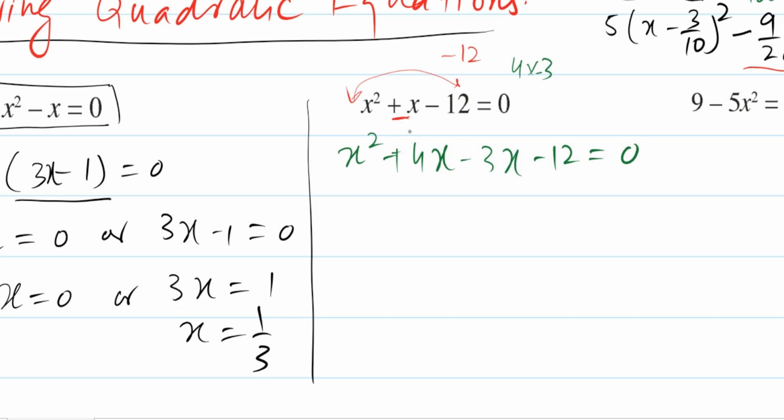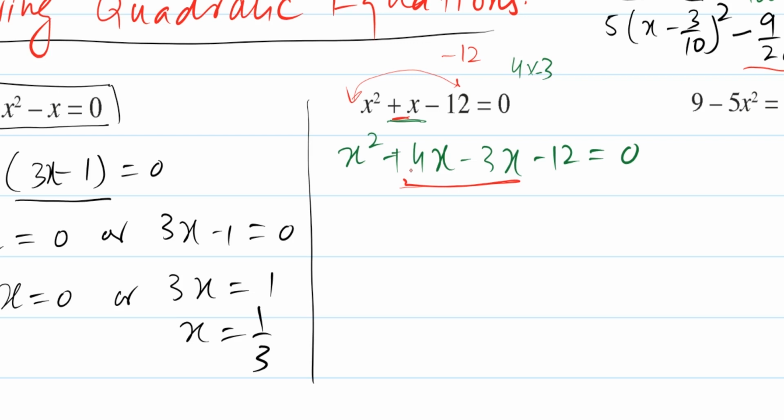What we have done is we have split the middle term, because 4x minus 3x is the same as x. We haven't changed anything; the expression is value wise the same but in a different shape. Once we have broken the middle term, we are left with 4 terms.